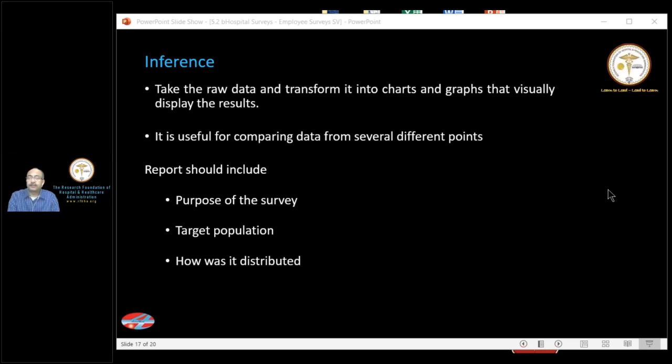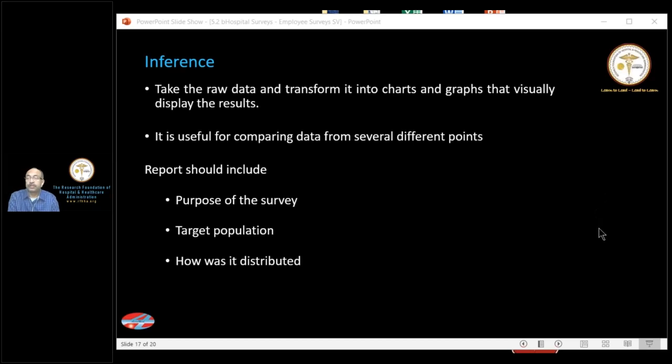It is useful for comparing data from several different points. Once you graphically compile and summarize the data, the understanding is easier. You can also compare over a timeline. So your results 3 months back and your results now are comparable if you are graphically putting them together.